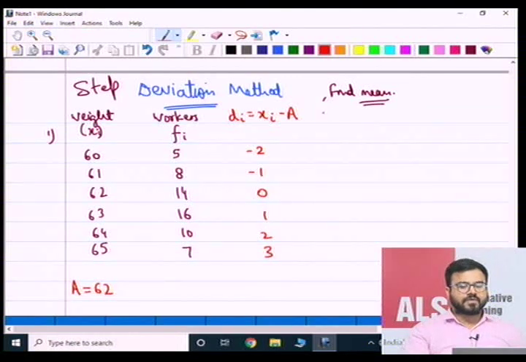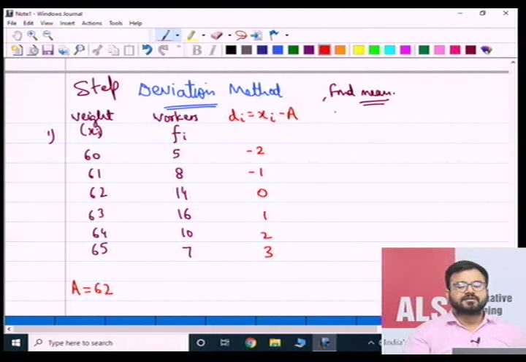Now you can see that it is already in a very basic form. D is minus 2, minus 1, 0, 1, 2, 3. So it is already in the simplest form, so there is no need to divide in the step deviation. But if it is mentioned in the question to do it by step deviation, you can take H as 1.